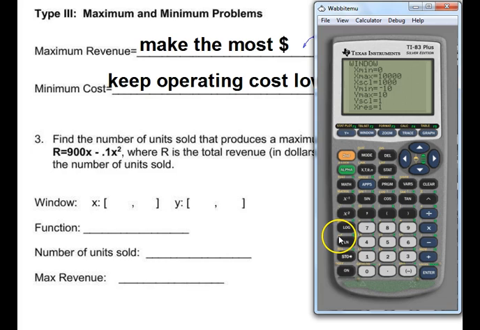All right. And after we've done that, we are going to hit y. We're going to change our y values. And once again, our y min is equal to 0. And our maximum y is a very large number, which is 2,500,000.